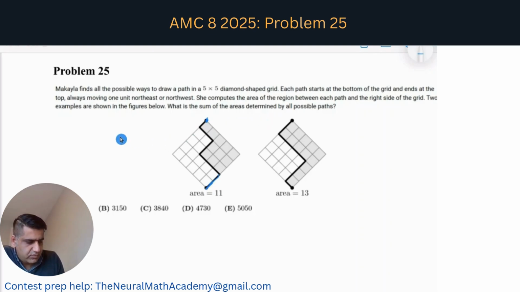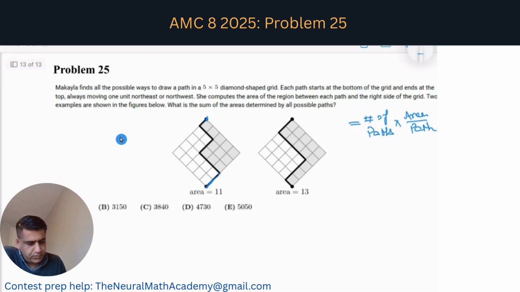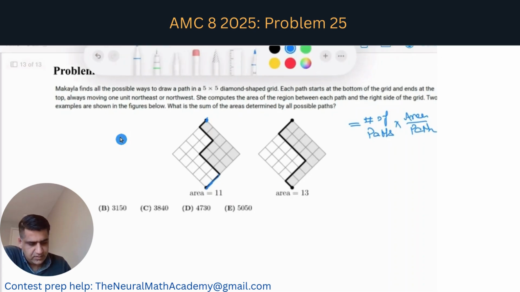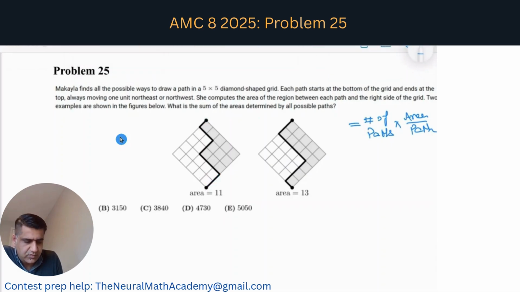So it means that we have to find the sum of the areas, that would be equal to the number of paths multiplied by the area per path. So to solve this problem, we can see that she is taking either steps towards northeast or towards northwest.